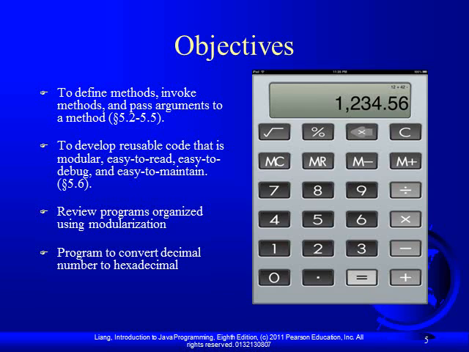So what you've been using on a calculator is a method, a function. Once we learn how to define methods, we'll look at how they can help us organize our programs so they're easier to maintain, easier to debug, are modular in their design, and we can share or reuse our methods with other programs.